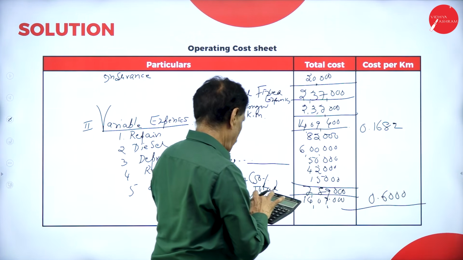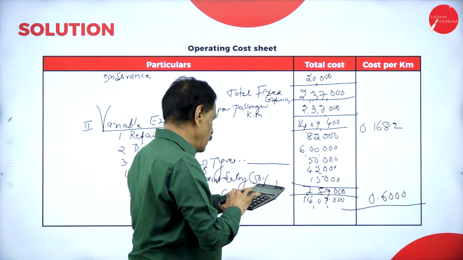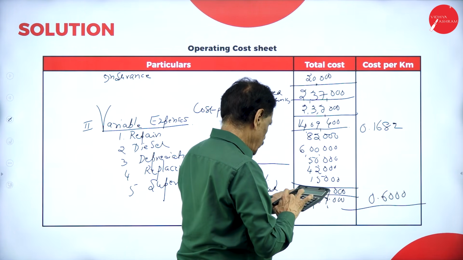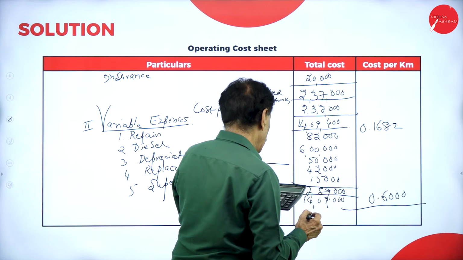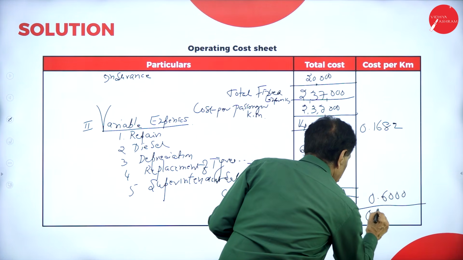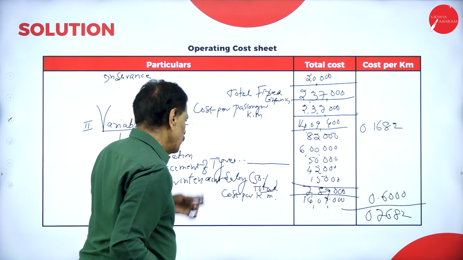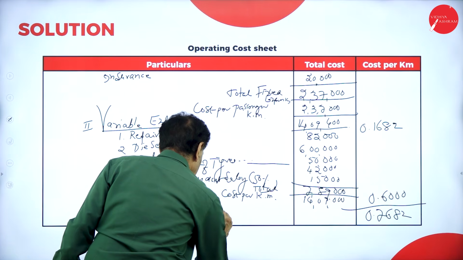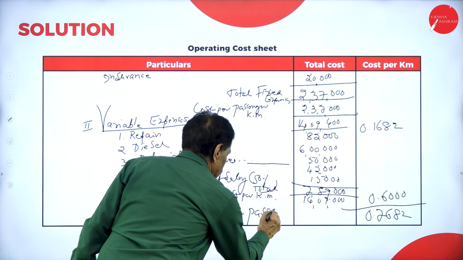Add 0.1682 plus 0.60, which is 0.768. This is the total cost per passenger kilometer.